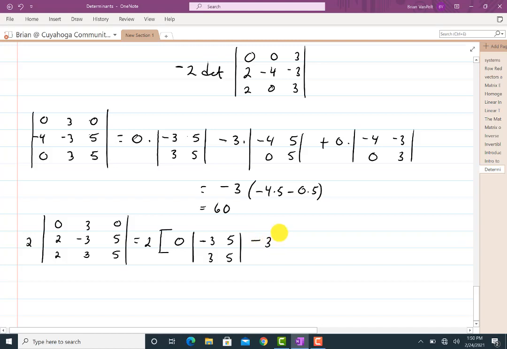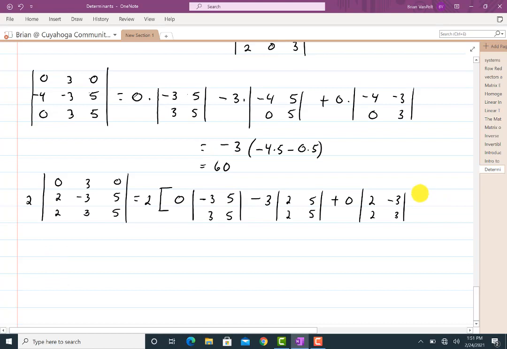-3, remember you alternate the signs. Do the same thing here and here. I get 2, 2, 5, 5. And then finally moving on to the last 0. Once again, get rid of its row and column. We have 2, -3, 2, 3. Of course, 2 is times all of this thing. The zeros aren't going to amount to much.